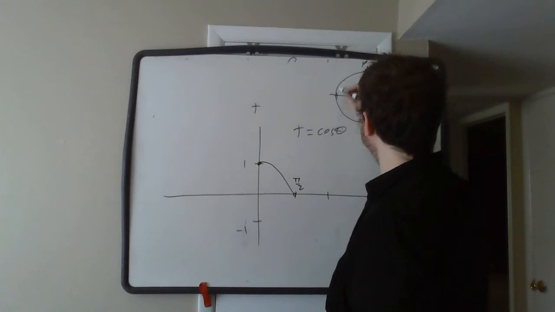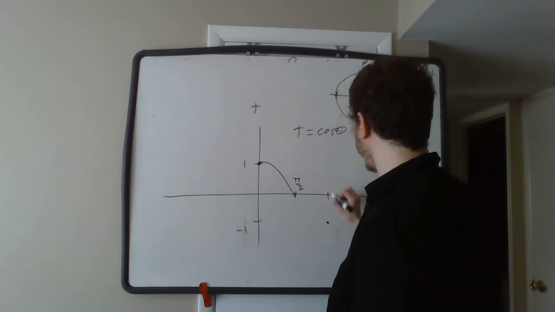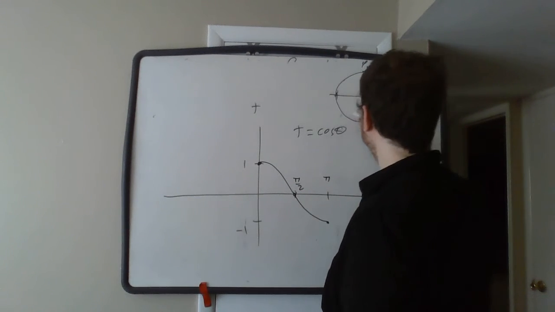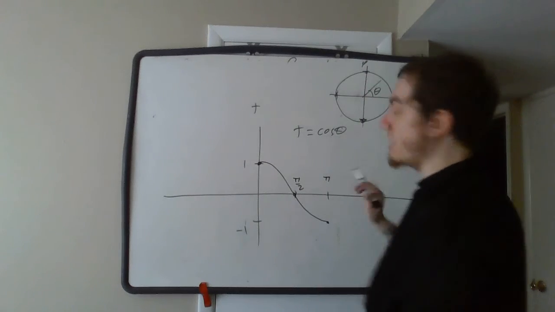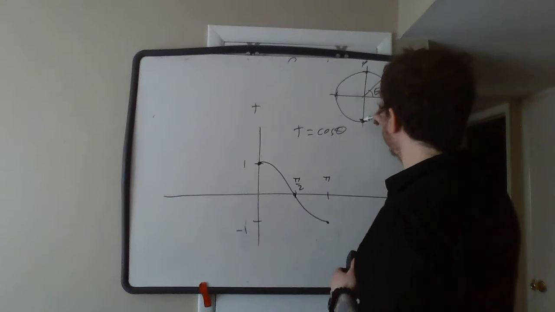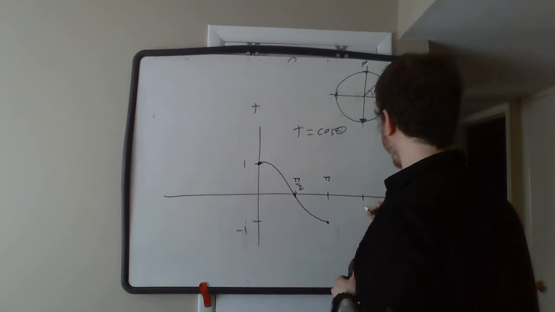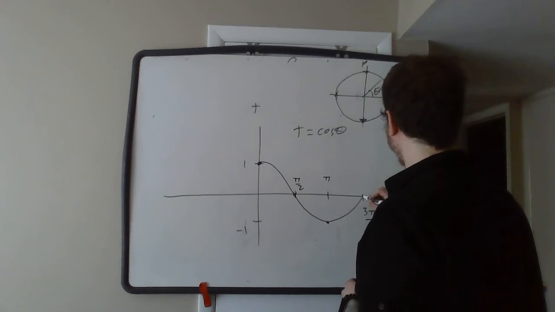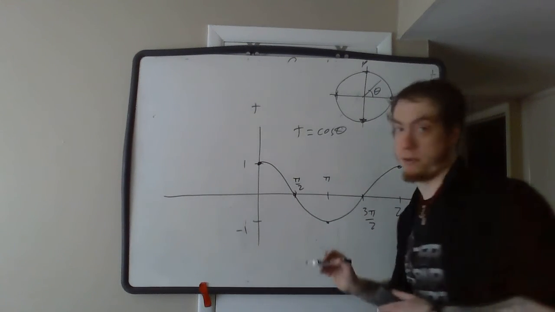Then it continues decreasing until we get to -1 at pi. Now it starts increasing. It changes to increasing as we go from pi to 3 pi over 2. And when we hit 2 pi, it comes back up to +1.